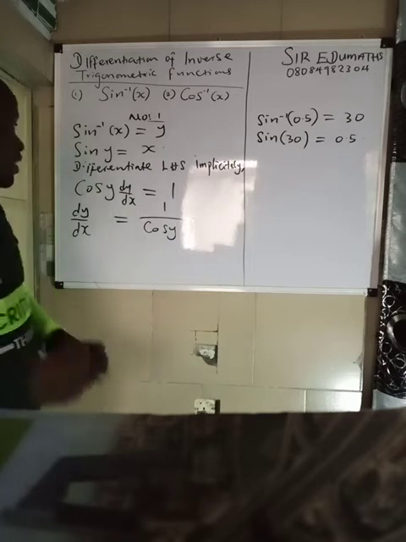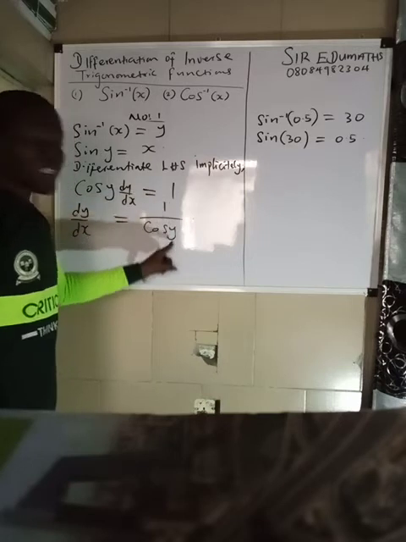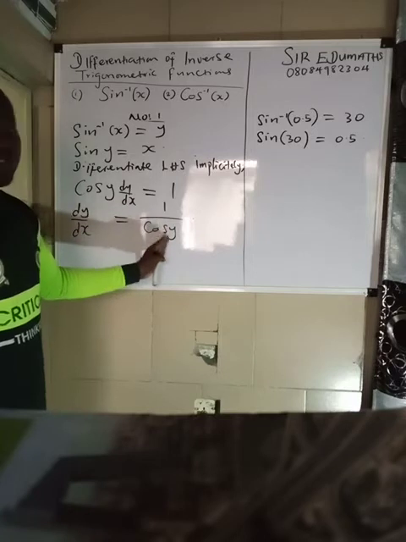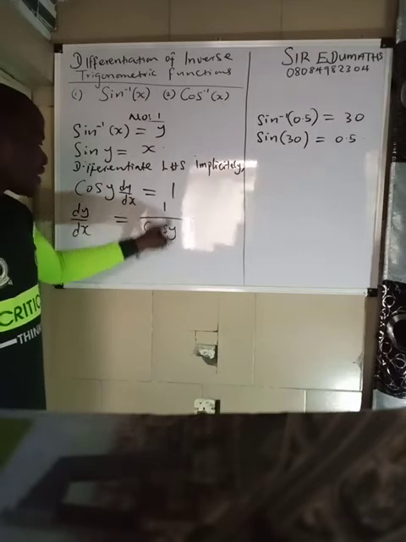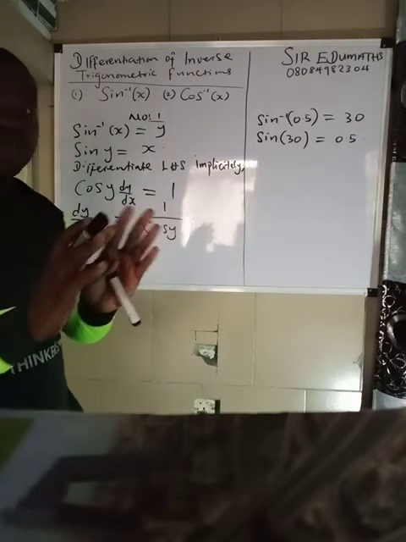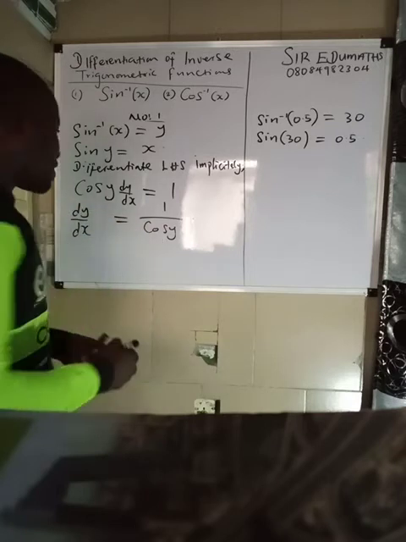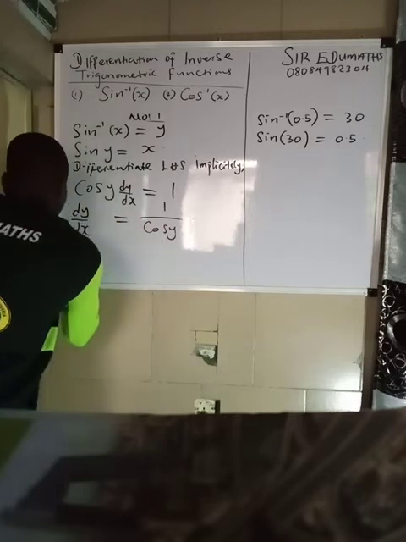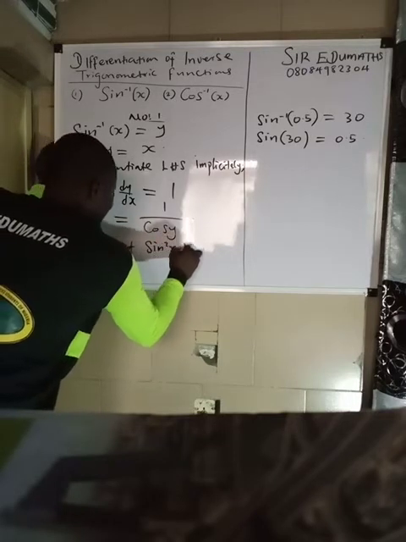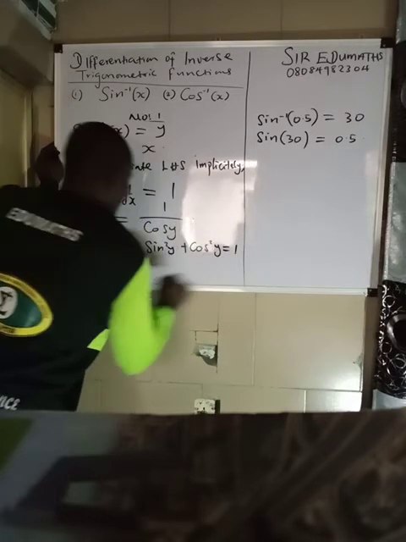Okay? Now we are supposed to stop here because this is dy dx, but the right hand side is not in terms of x. Anytime you differentiate with respect to x, your answer will be in terms of x. So because here is still in terms of y, we are now going to use trigonometric identities in order to convert this to be in terms of x. How can we achieve that? We are going to recall that sine square y plus cos square y is equal to 1.